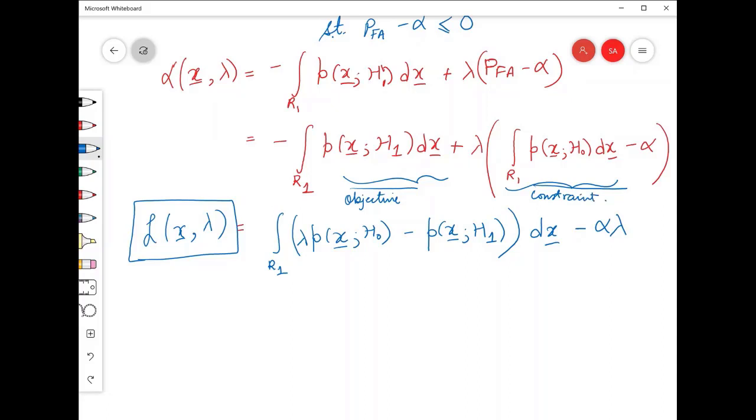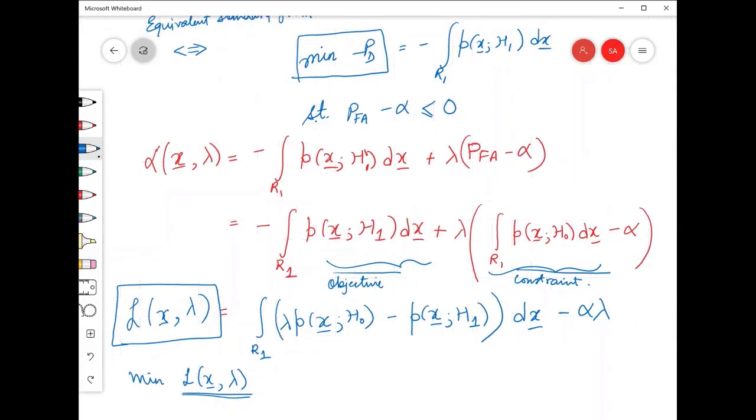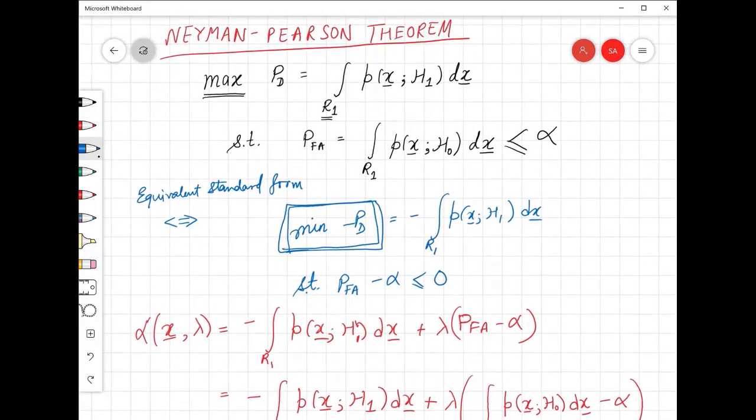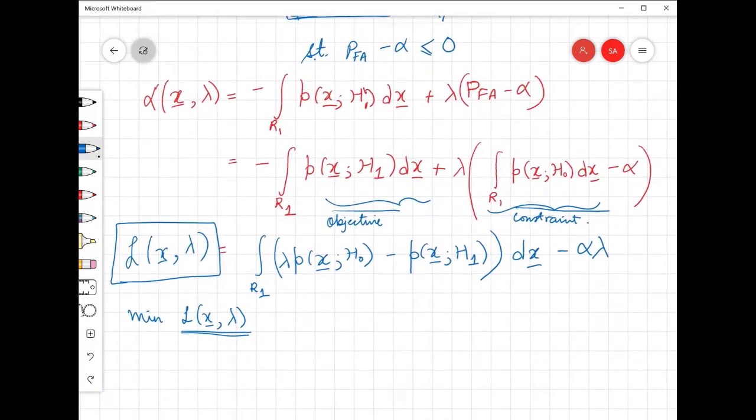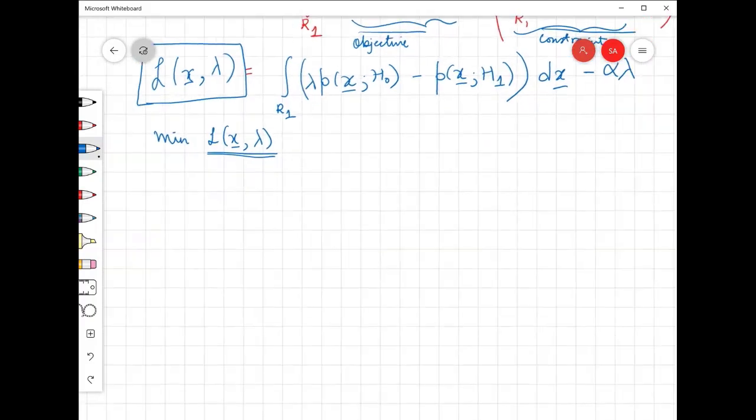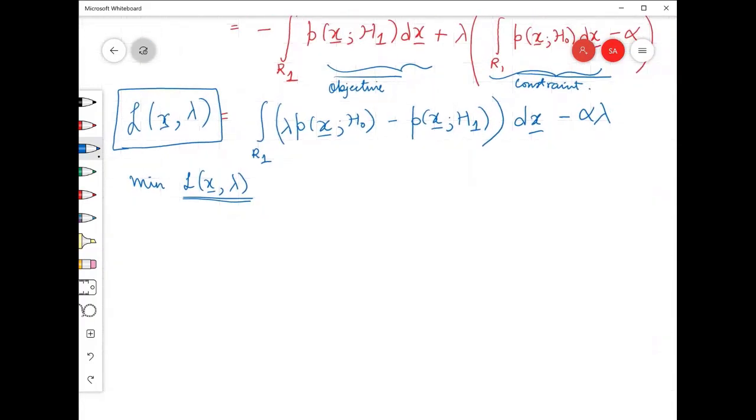So our goal here is to minimize the Lagrange. Okay. Why do we want to minimize Lagrange? Because our optimization problem here, I've converted it to a minimization problem. If I were to use a maximization problem in form of Lagrange, then I would have maximized the Lagrange function. Okay. So now tell me, how can we minimize this particular Lagrange function?